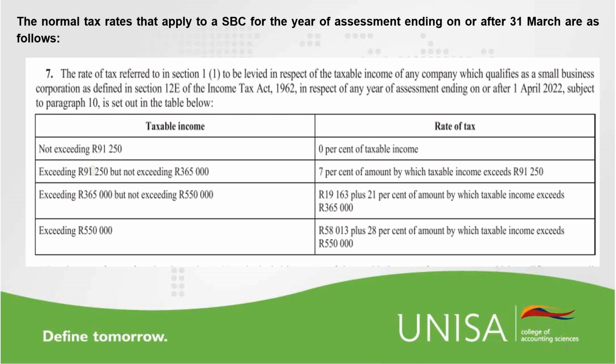As the taxable income increases, the tax rate also increases. The first tax bracket indicates that 0% tax is levied on the first 91,250 rand of the taxable income. The second bracket applies to the taxable income exceeding 91,250 up to 365,000 rand, and so on.